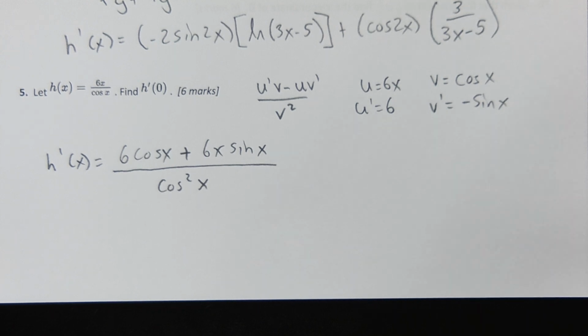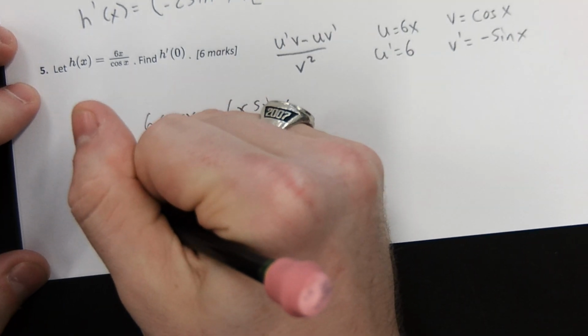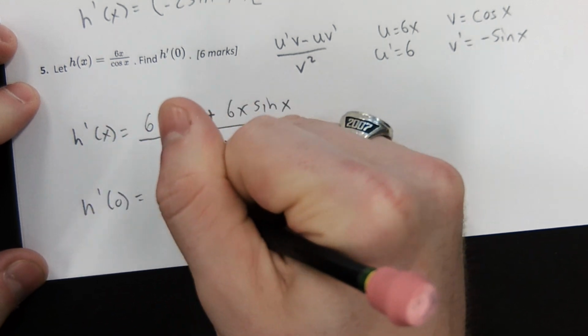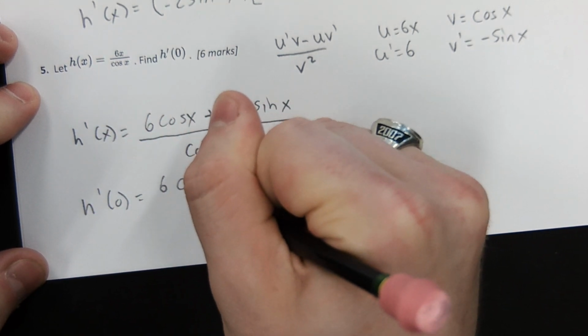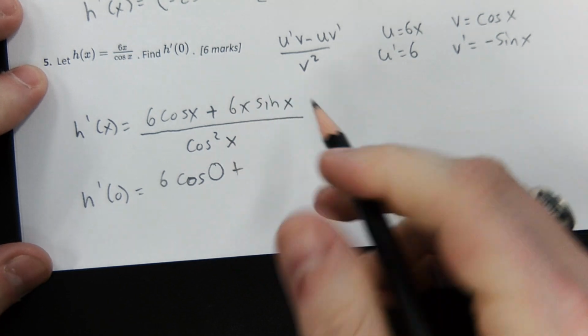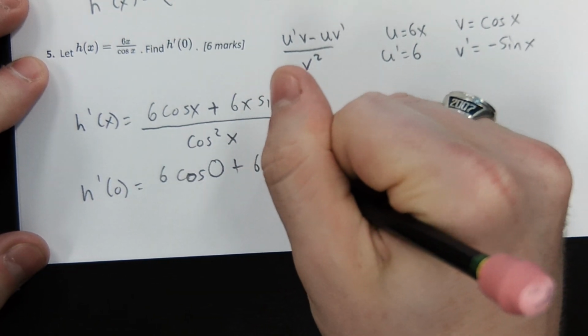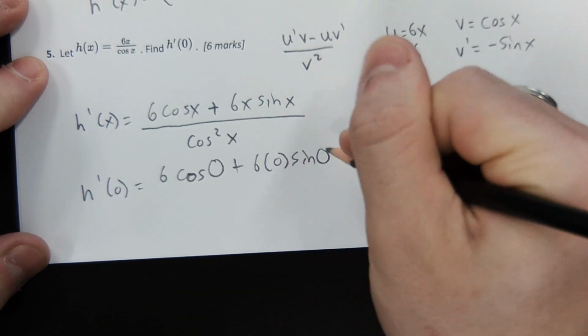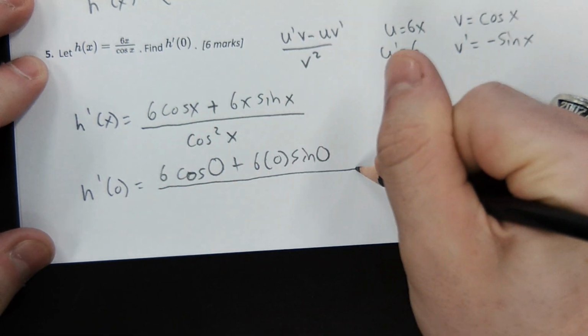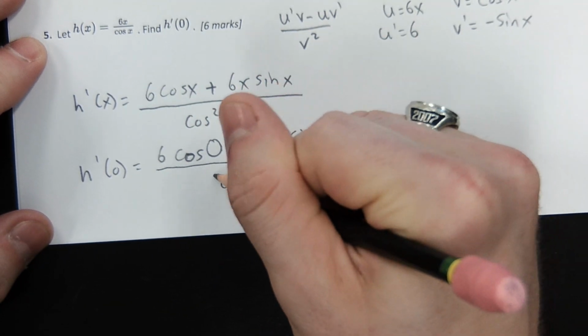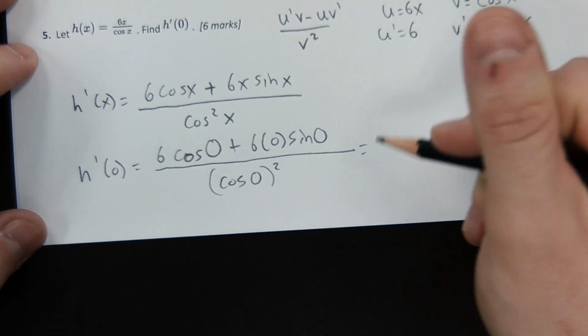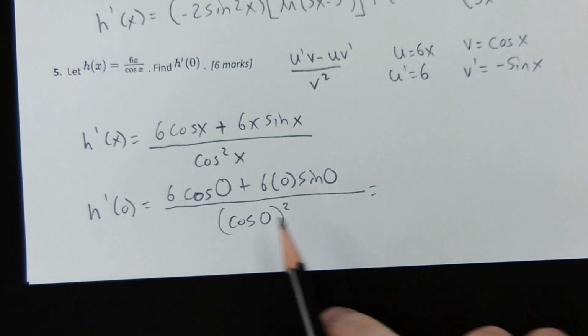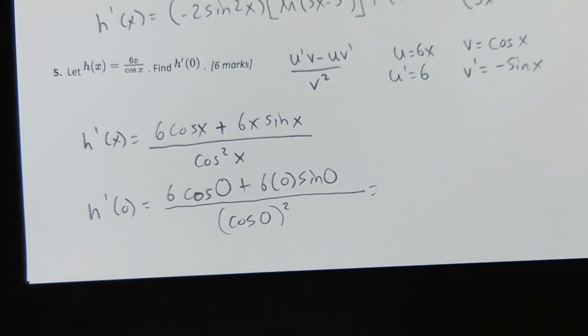Time to evaluate at 0. That gives me 6 cosine 0 plus 6 times 0 sine 0 over the cosine of 0 quantity squared. Well, guess what 6 times 0 times sine of 0 is?